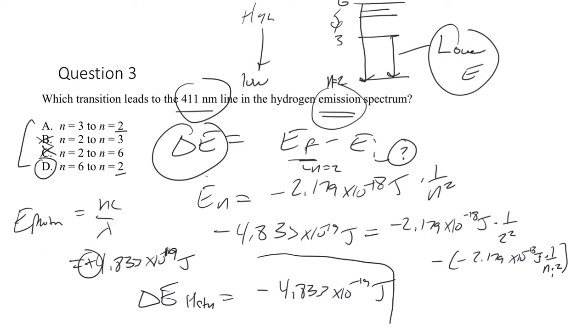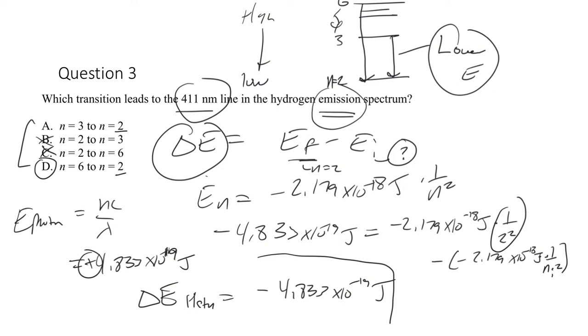I'll do some math here. So I have negative 4.833 times 10 to the minus 19 joules. I'm going to add to that 2.179 times 10 to the minus 18, divide by 4.